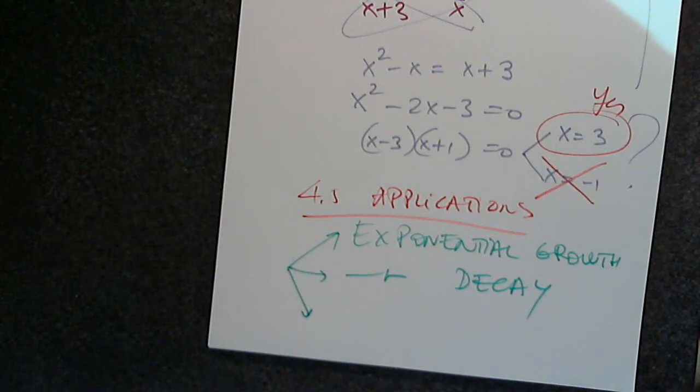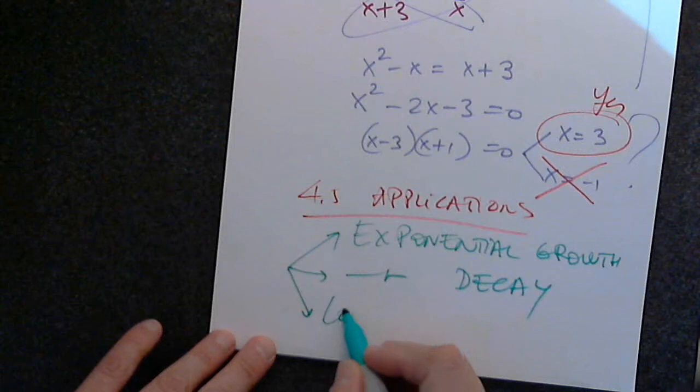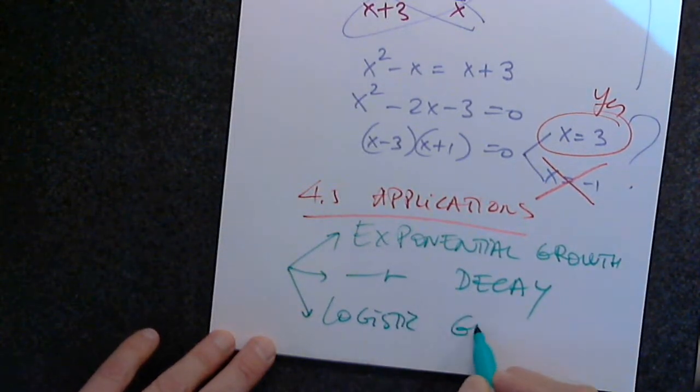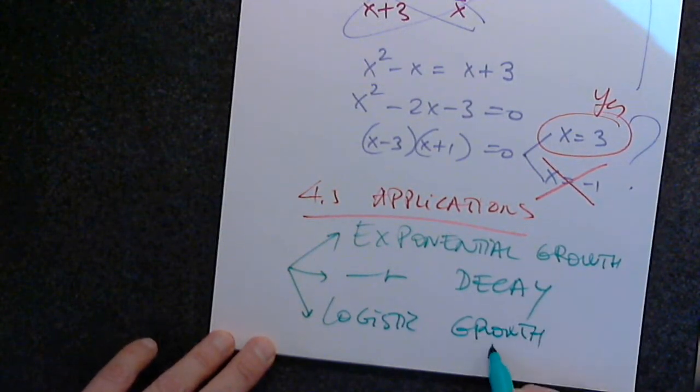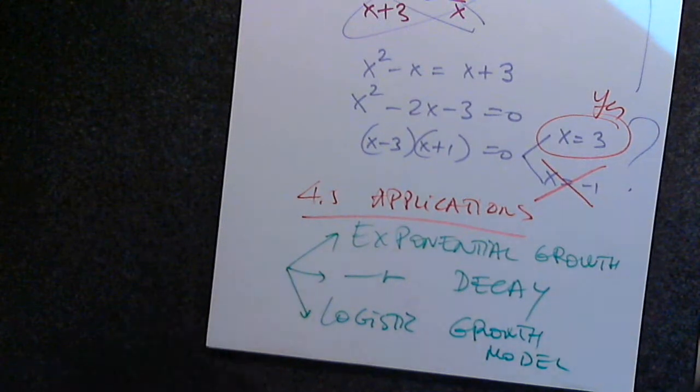So it diminished its mass by now, but not sufficient to be safe for habitation. So they couldn't go back. So that's exponential decay. Okay. And the last one is logistic growth model. So these are three main categories of word problems or applications here.